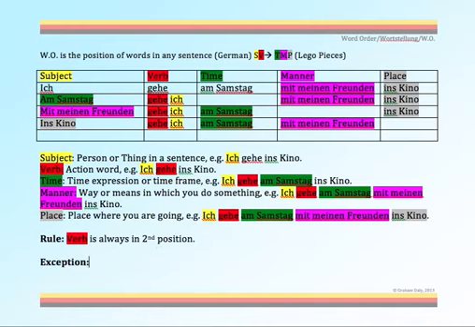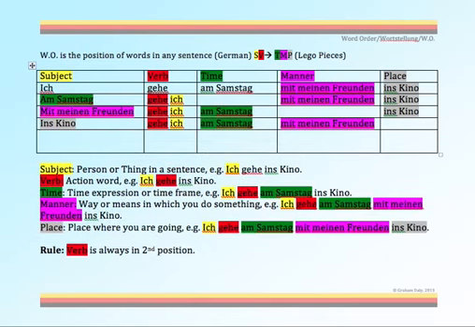The exception to this rule is that the verb, red piece, is in first position when asking a question. Okay, so I'm gonna have an example here, but I'm gonna make it a little bit bigger.